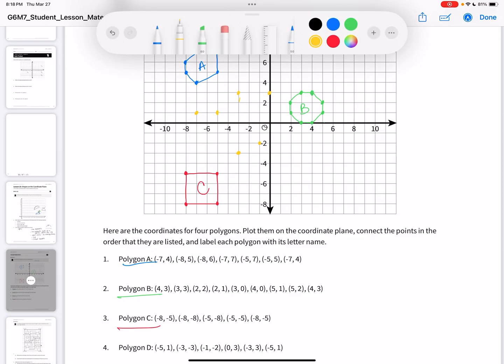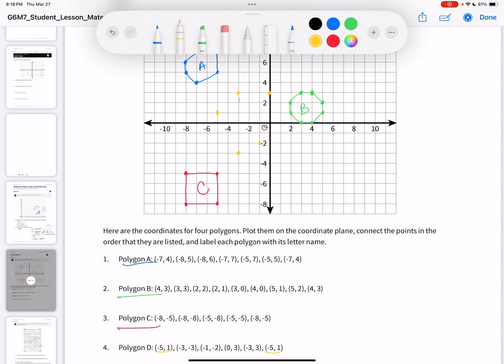Alrighty. What's that? -5, 1. Oops, I think I did the first one incorrectly. I did -7. I don't know why. Anyway, we start with -5, 1. We end with -5, 1. All right, so -5, 1.